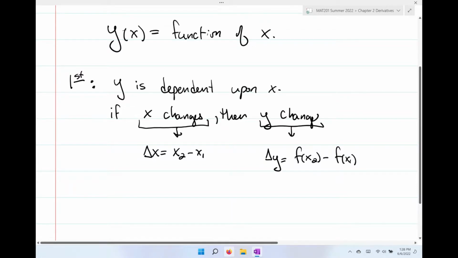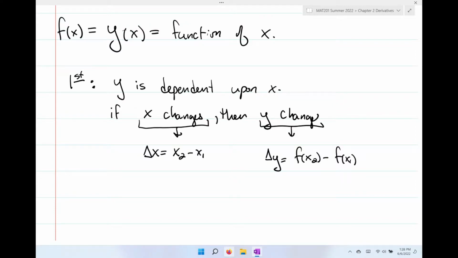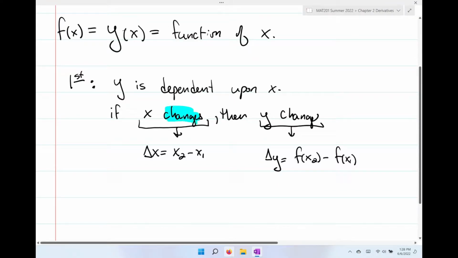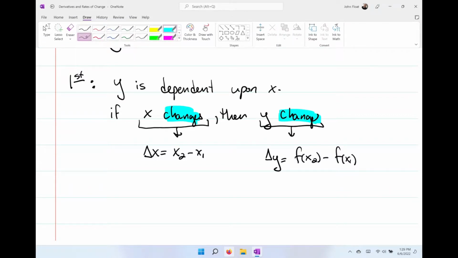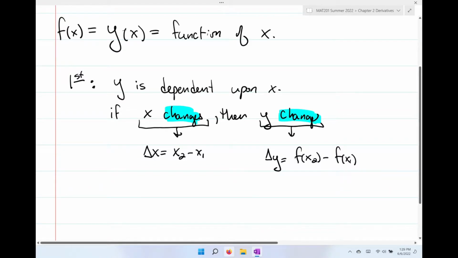We can come all the way back up to the upper left-hand corner of your screen and just write f of x equals y of x, which equals some function of x. Now, the key to this entire scenario, and I'm going to highlight the word, is this. Notice in both of these scenarios, x is changing and y is changing.